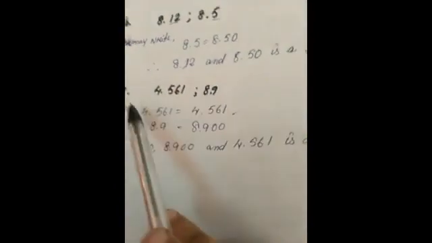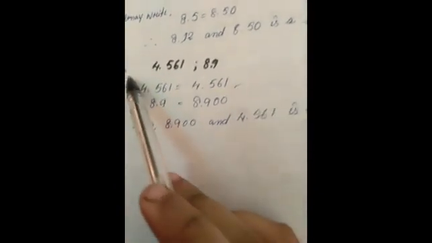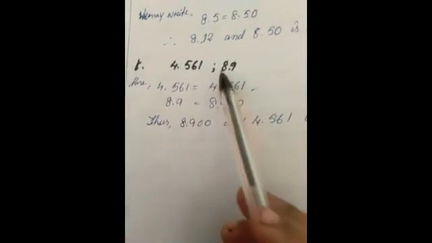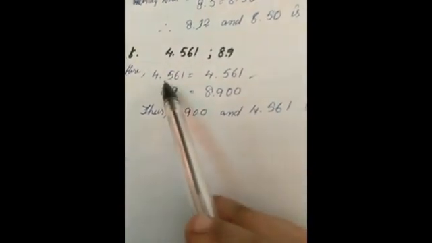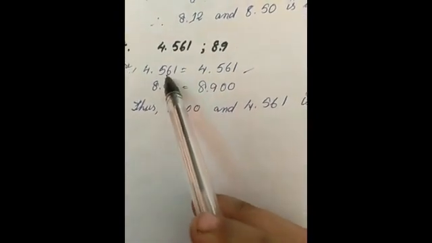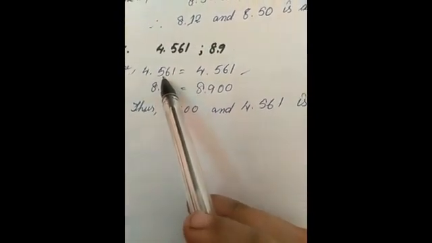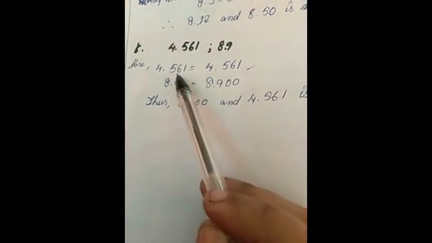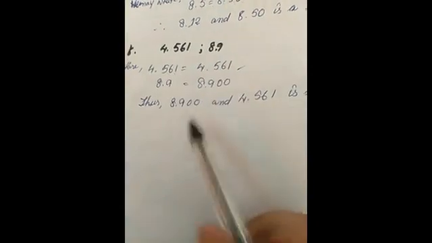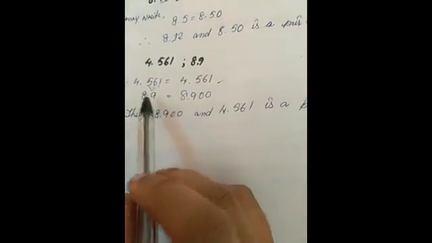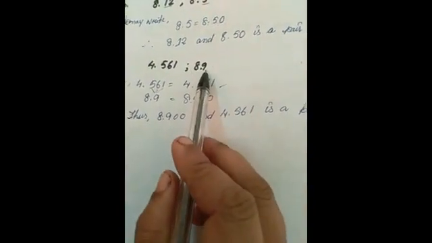Alright, same way, let me show another example, that is F. 4.561, 8.9. Here you can see children, 4.561 has 3 decimal places: tenths, hundredths and thousandths, occupied by 5, 6 and 1. But 8.9 has only 1 decimal place.